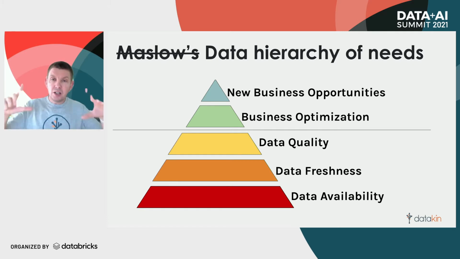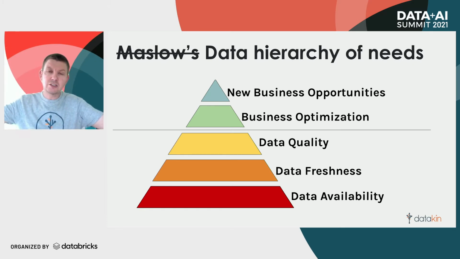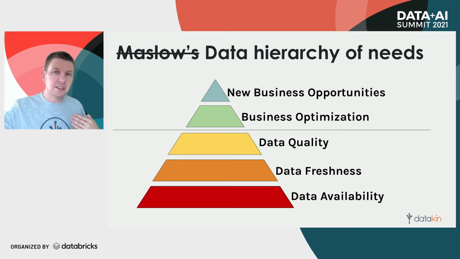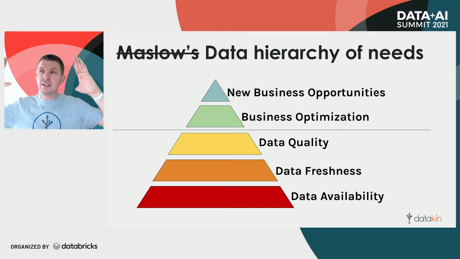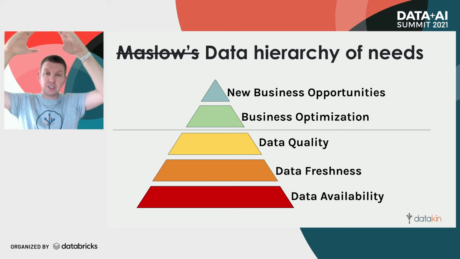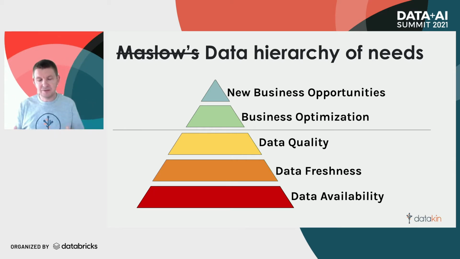And once you build on this foundation, then you can start to build trust in your data, and work on how to optimize our business, or how to find new business opportunities. That's the actual getting value out of your data. But first you need to get all those three things out of the way so that you get your head above the waterline, which is the illustration here.